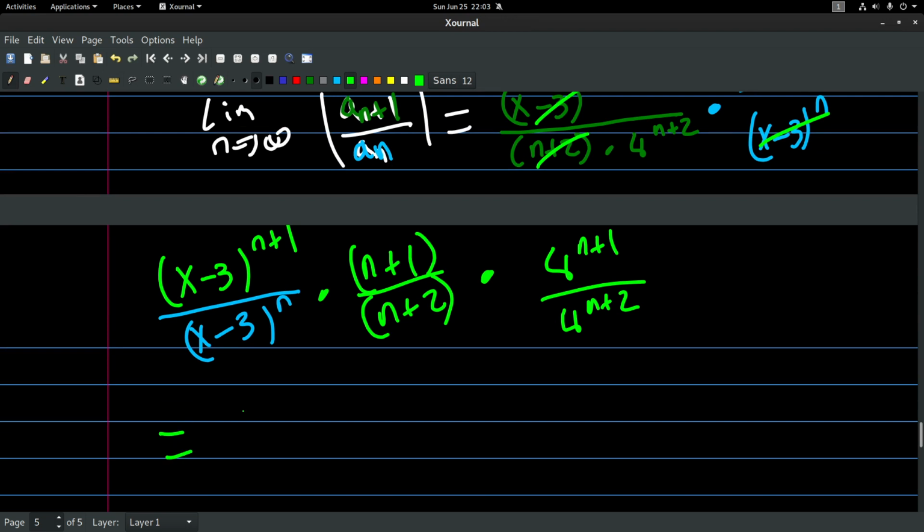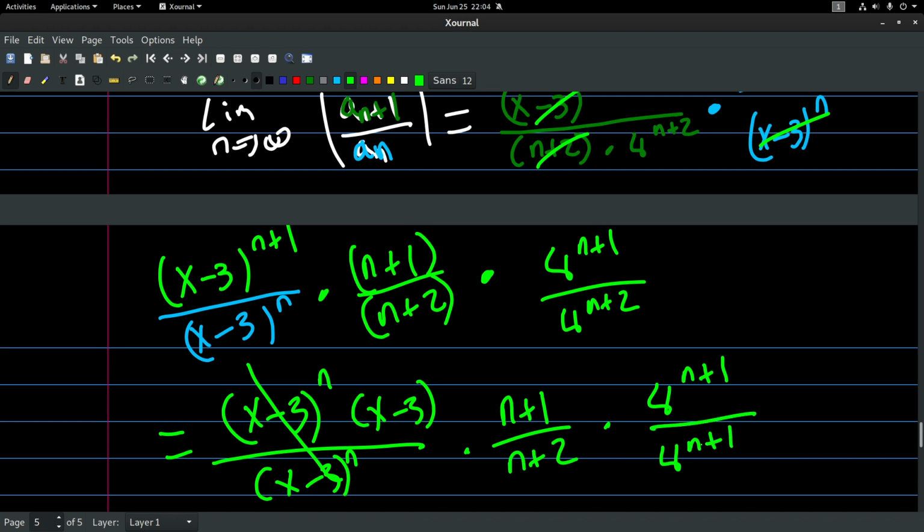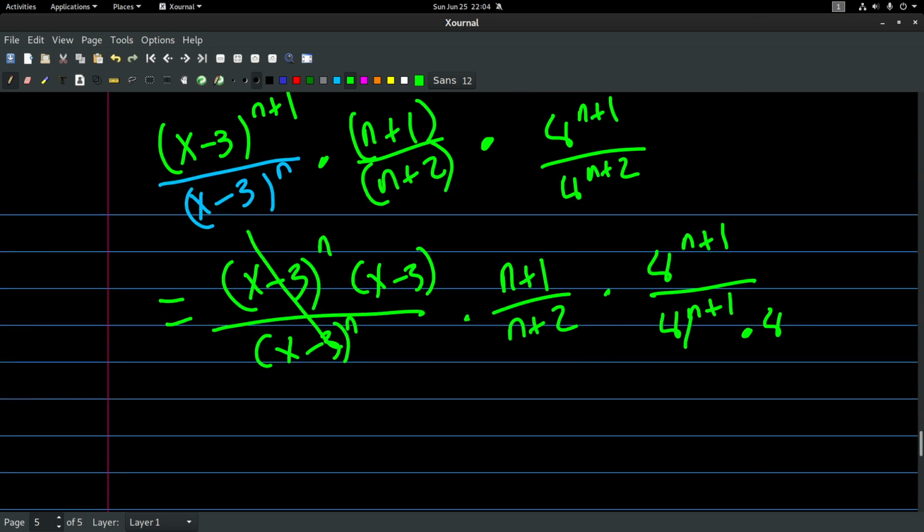Which is equal to (x minus 3) to the n plus 1 over (x minus 3) to the n, and these cancel out, leaving x minus 3. The n and n plus 1 leave as is. 4 to the n over 4 to the n plus 1 leaves a 4 here; these cancel out.